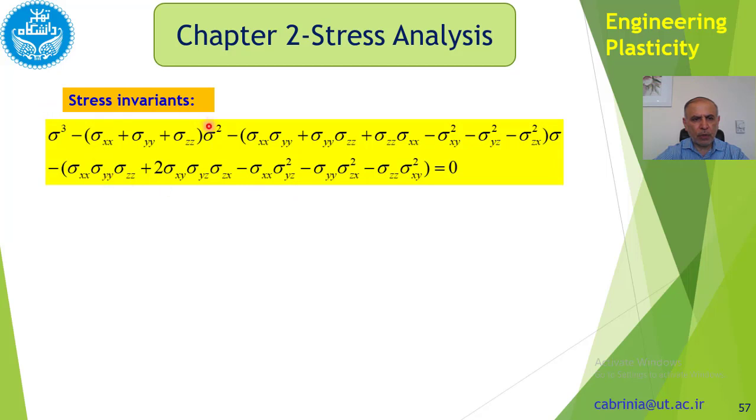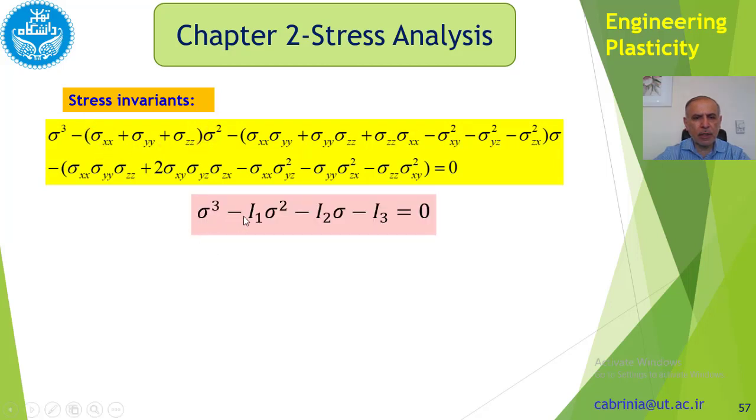What we want to talk about now is the stress invariants. Invariants means the things that are not varying. They are constant, okay? So if you look at this equation, we have some coefficient here, this parenthesis.